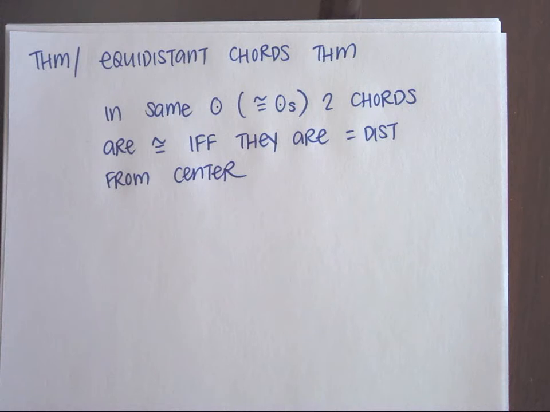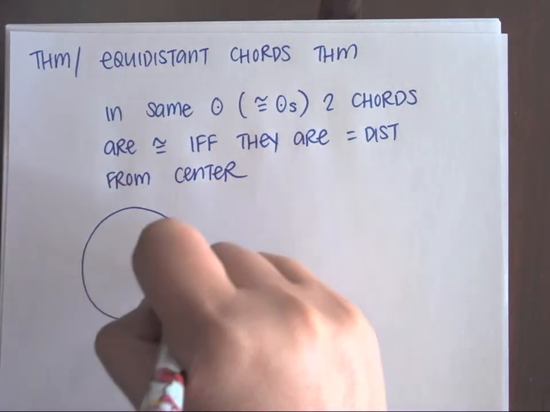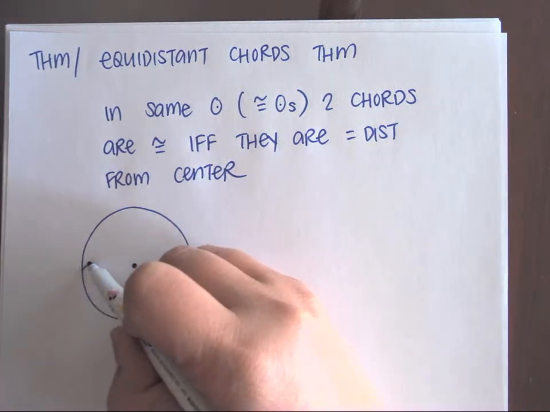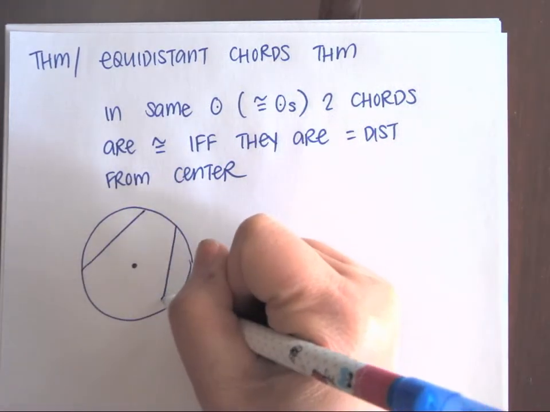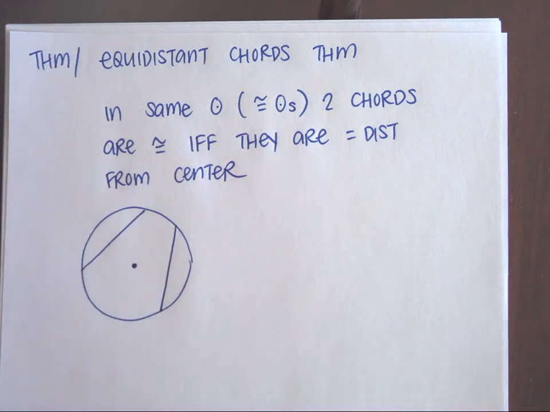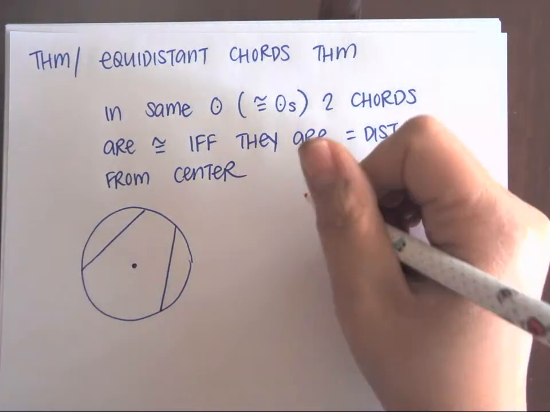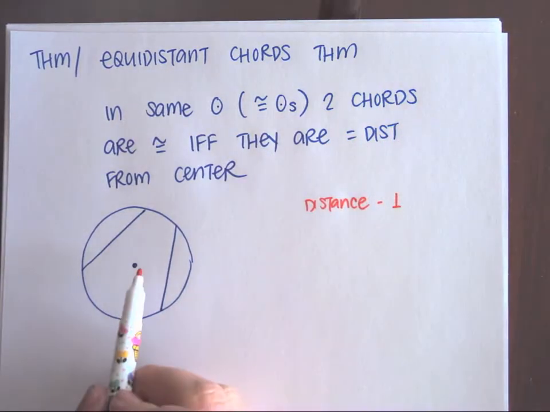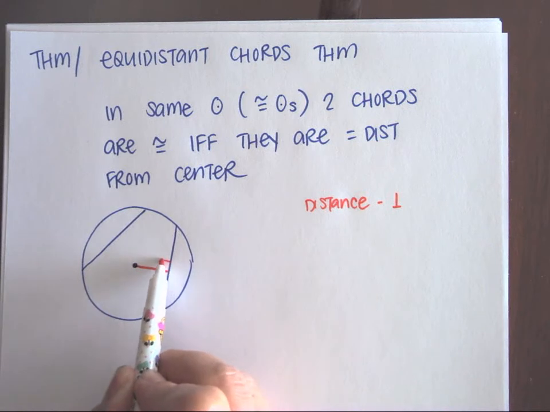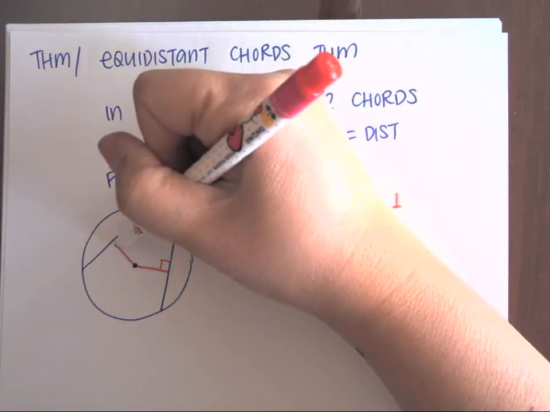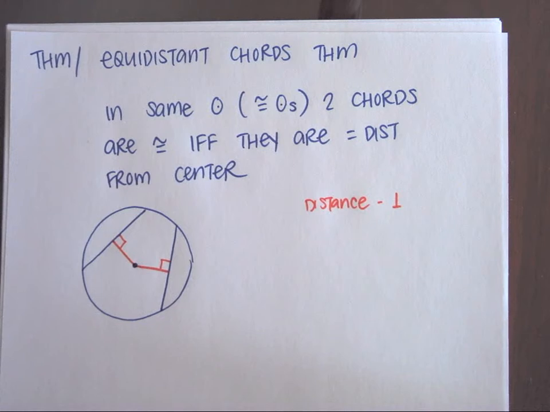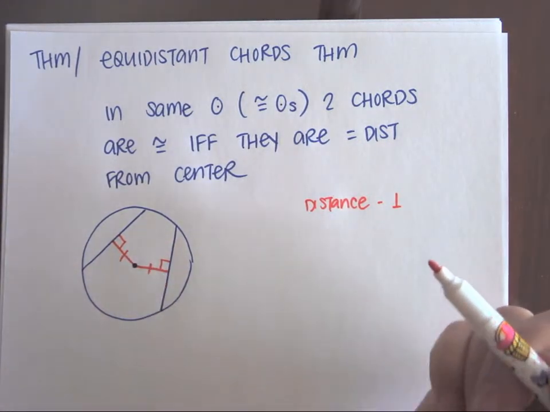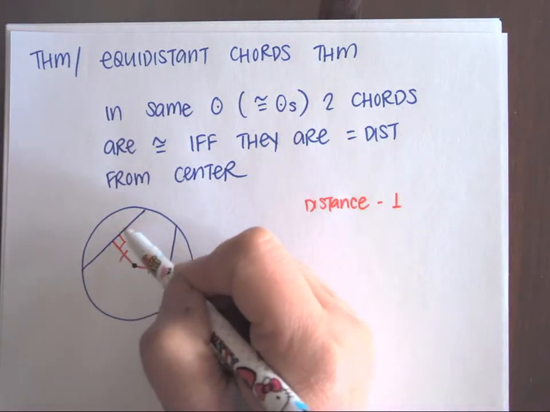Okay, I'm going to draw this one bigger. We have two chords, a chord here and a chord here. These two are congruent if the distance, and distance we represent with a perpendicular, from the center is the same. If this is congruent to that, they're equidistant, which means this chord is congruent to this chord.